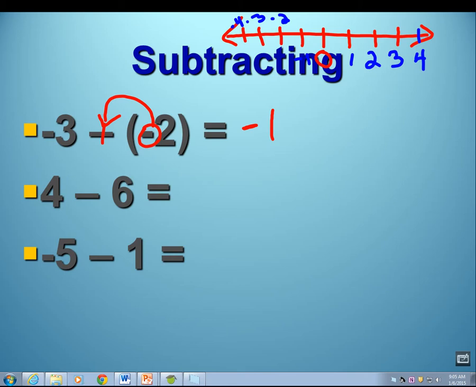We have 4, and we're going to be going to the left 6. We have 1, 2, 3, 4, 5, 6. We ended up at -2, which is the answer that we just got.